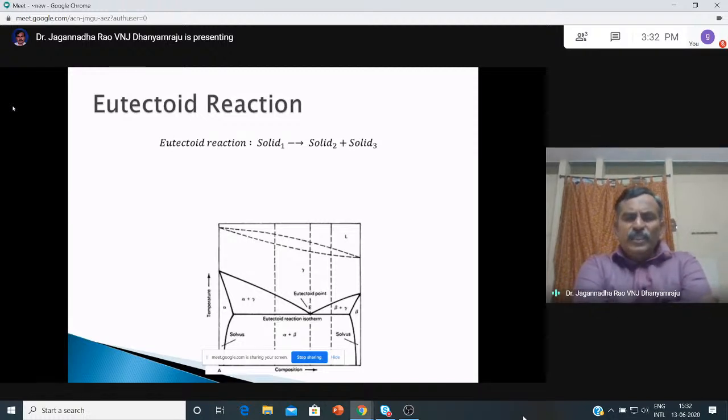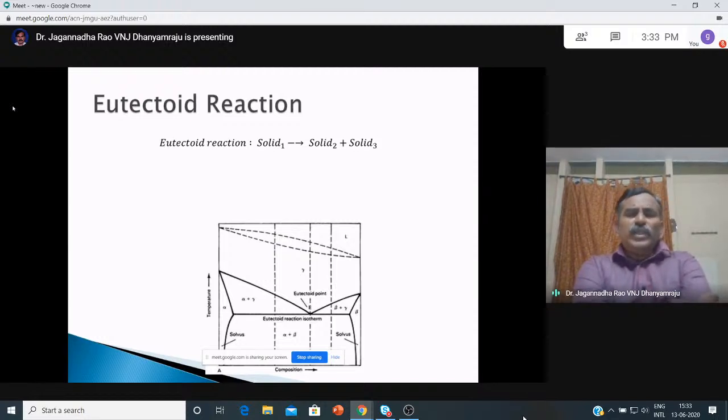And it is the austenite that is separating into ferrite and cementite, and the mixture of ferrite and cementite is given a name perlite. That is a eutectoid mixture. And here the eutectoid reaction is occurring at eutectic temperature indicated by TE and eutectic composition E. You can see here.